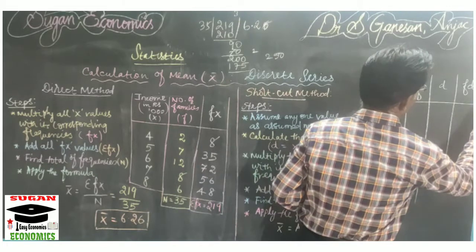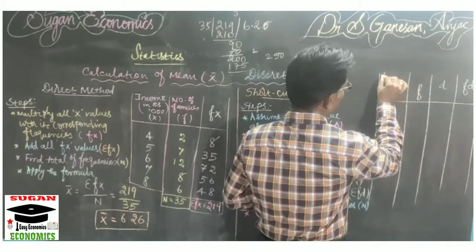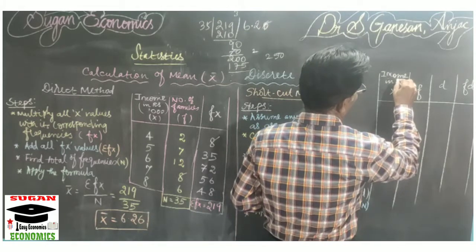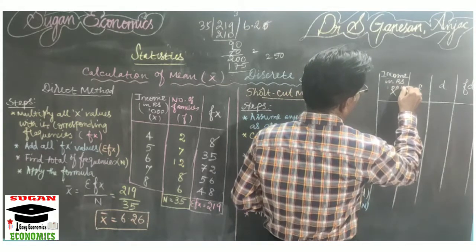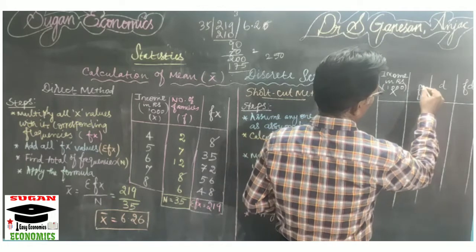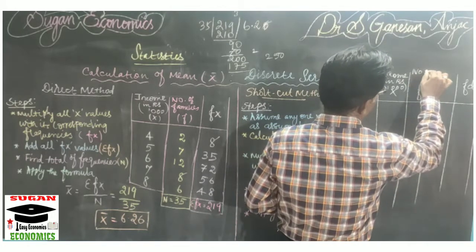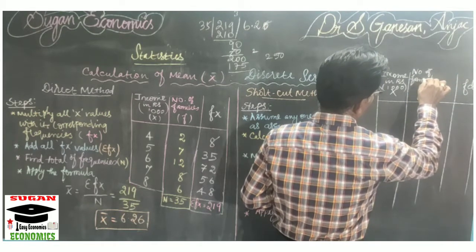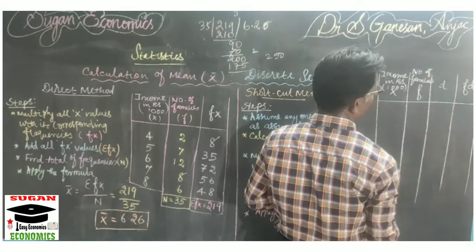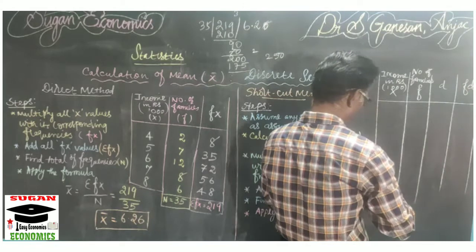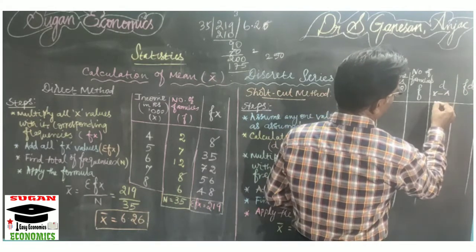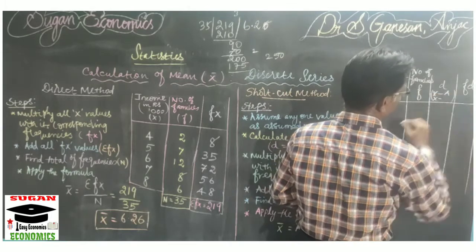So here x is income in rupees in 1000, then number of families, and this D value. D is nothing but x minus A.